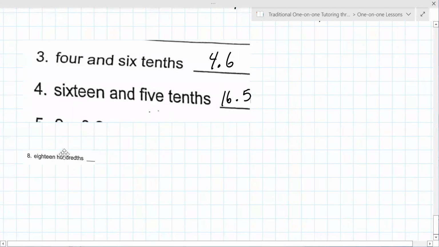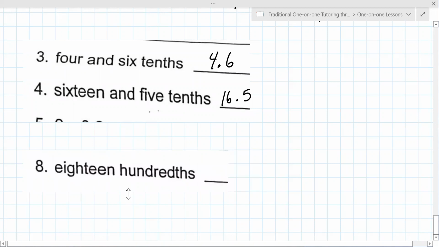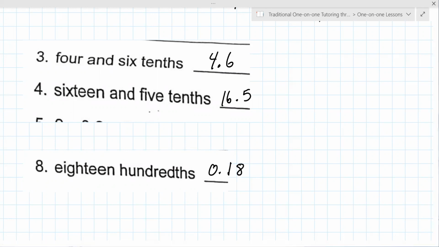And then the last one, this is a little bit harder. It says 18/1000ths. What do you do? 0.018 or 0.18? Yeah, you keep wanting to add a zero in there. Yeah, and that's why these are a little bit tougher, because we just don't use this language very often.